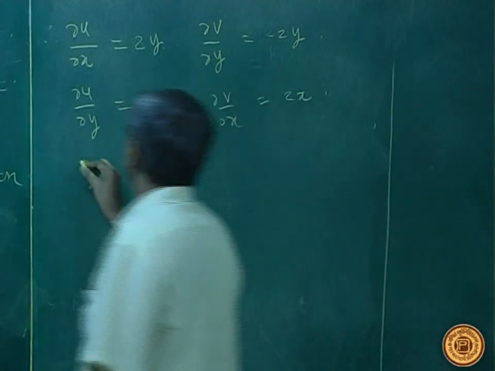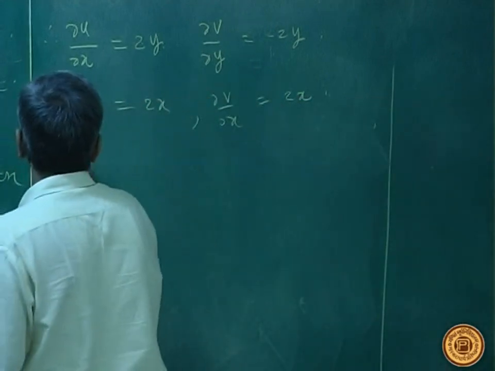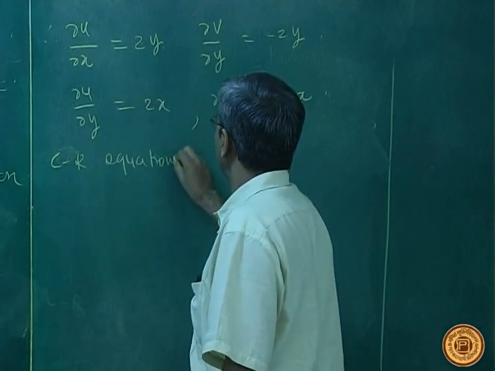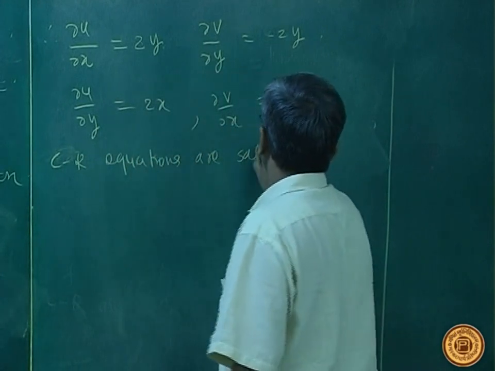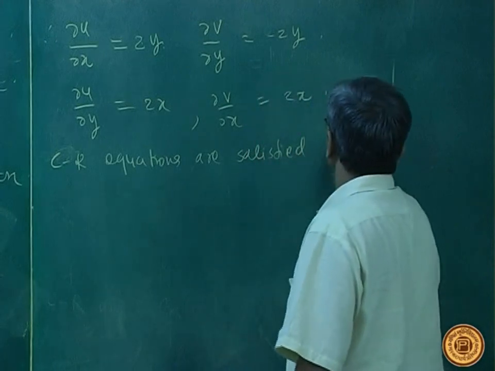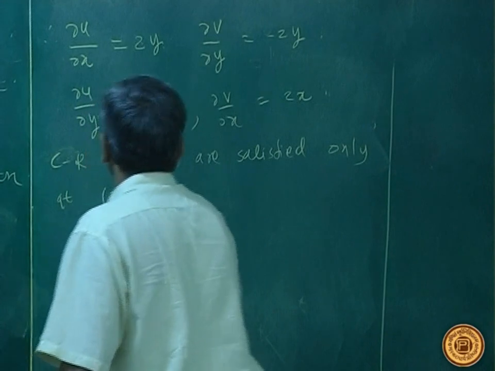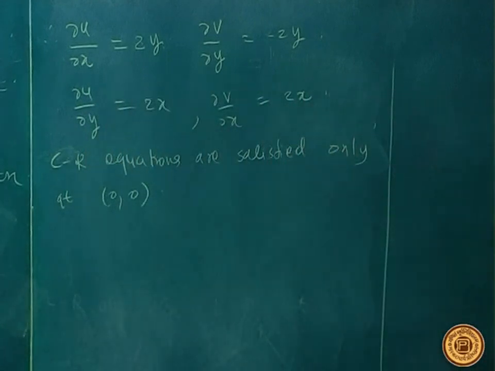So Cauchy-Riemann equations are satisfied only at (0, 0). Is it clear?